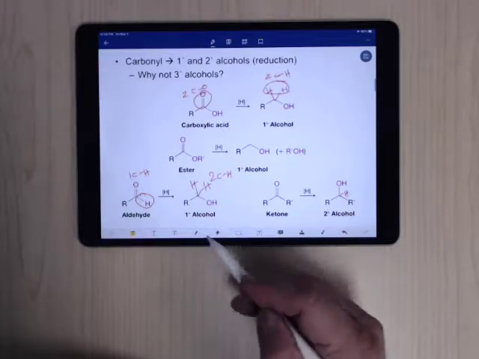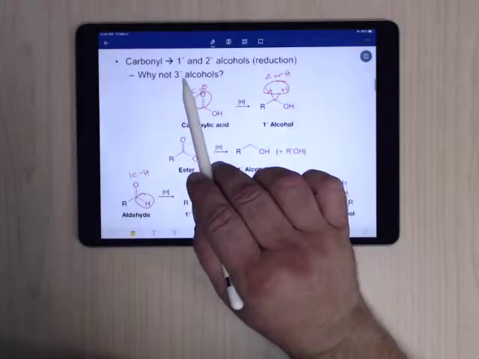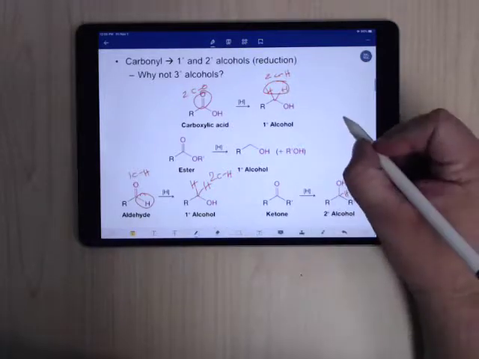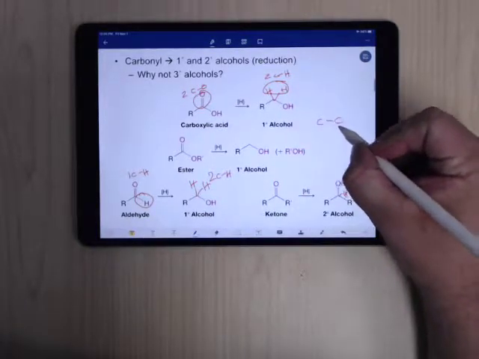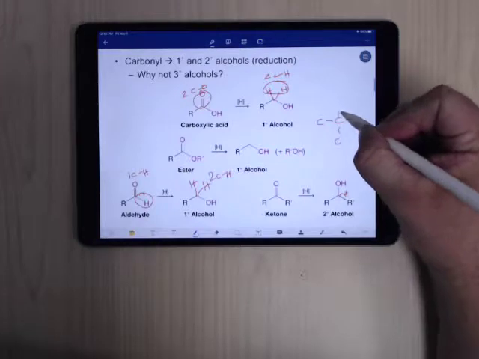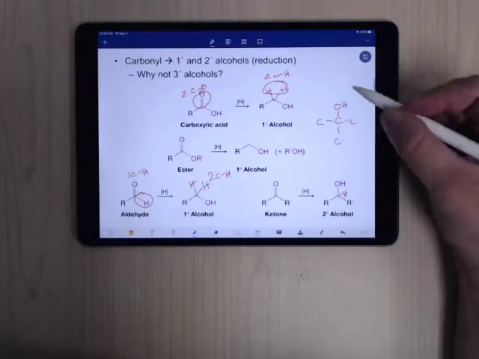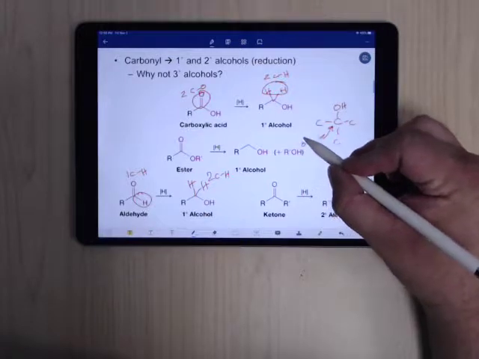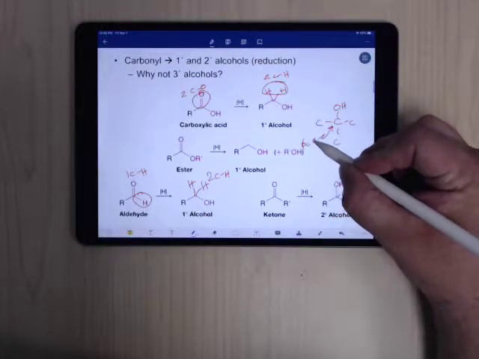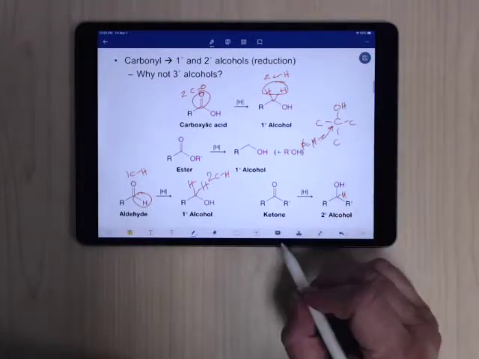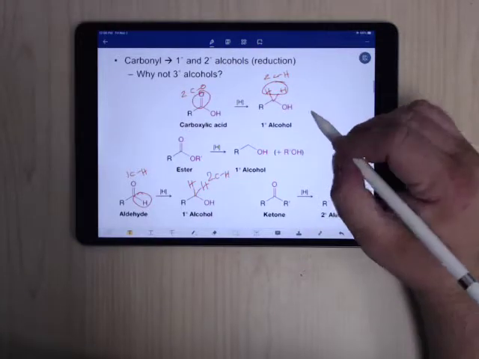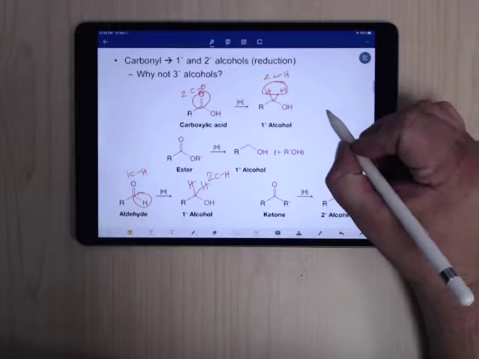Now, one of the things is you can't do a tertiary alcohol, right? Because if you had a tertiary alcohol, it would be carbon, carbon, carbon, and OH here, right? There are 0 CH bonds. Let's try this again.